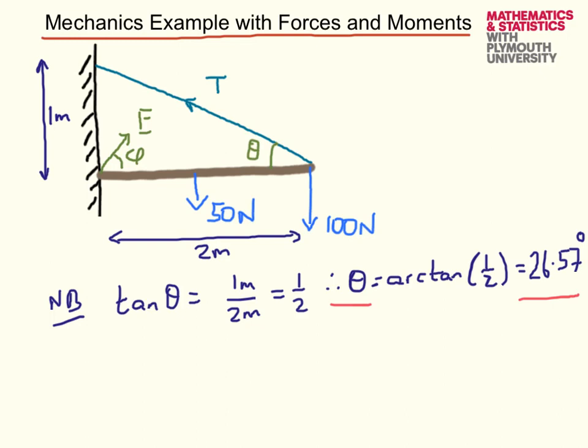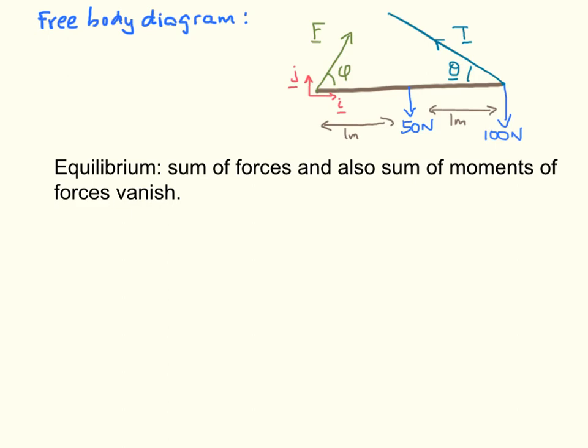So what I want to do now on the next slide is to redraw this, or be more explicit, to draw a free body diagram of the forces acting upon the rod. So what I've done on this slide is I've drawn the free body diagram. Here is the rod. Its weight acts through the middle of the rod, through the centre of mass, and there is an external force of 100 newtons acting at the end.